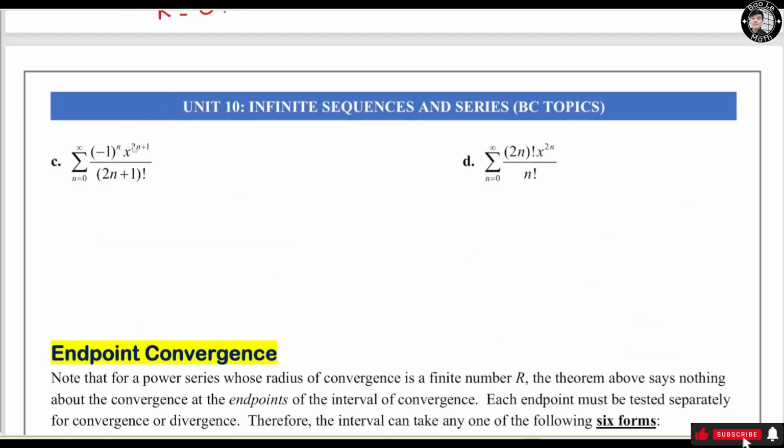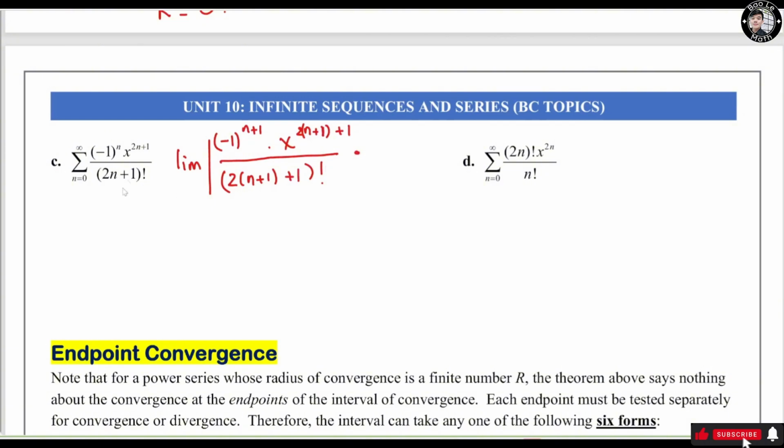Now question C, same thing, right? We need to set up the limit absolute value of negative 1 raised to the n plus 1 times s raised to the 2n plus 1 like this over 2 parentheses n plus 1 and then plus 1 altogether factorial, right?